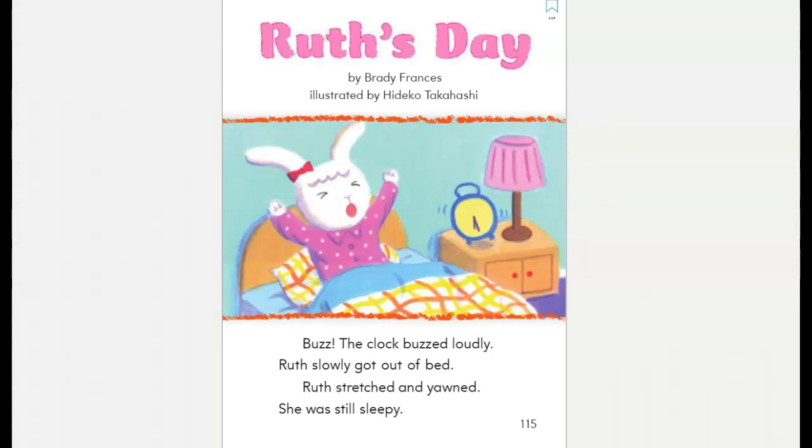Let's start with the first page. Do you wake up early in the morning? I put a finger up. I wake up like Ruth. I stretch my arms and take a big yawn, and my alarm clock wakes me up.